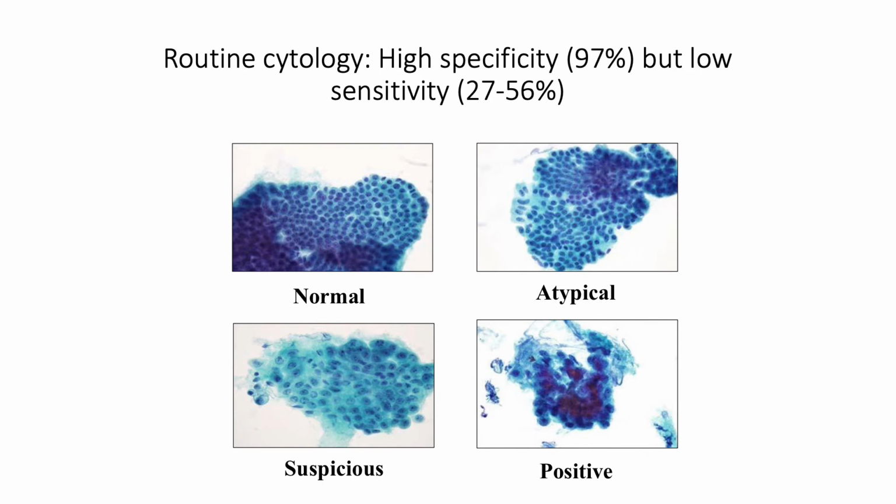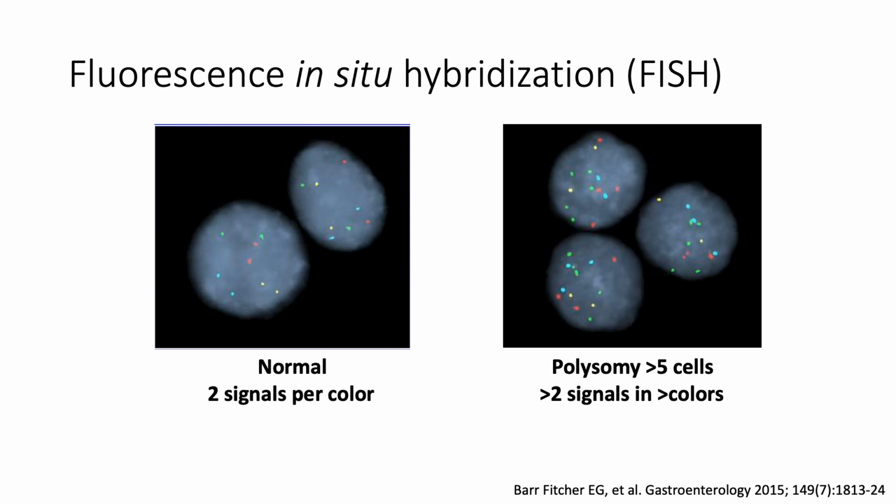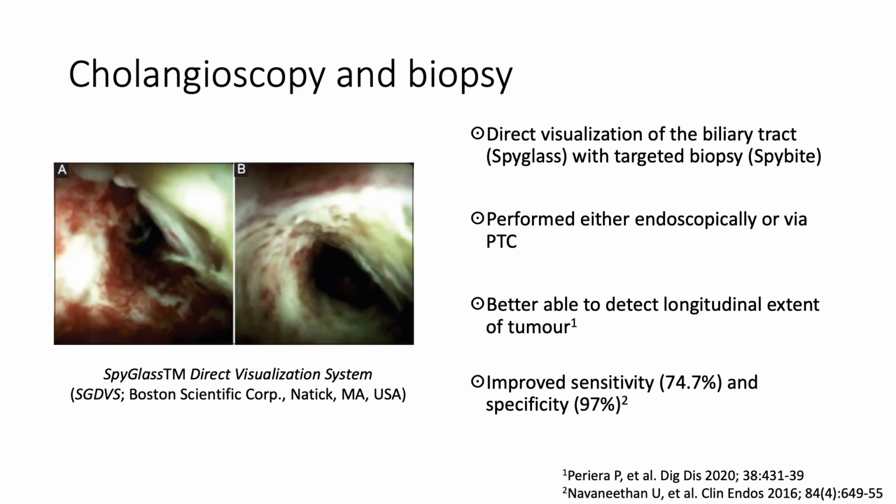The problem is, although it has a high specificity, the sensitivity is relatively low. Various techniques have been used to try and improve this sensitivity, including FISH analysis, which has been popularized by the Mayo Clinic, and really it should be used in those samples on cytology that remain equivocal or negative when there's a high index of suspicion.